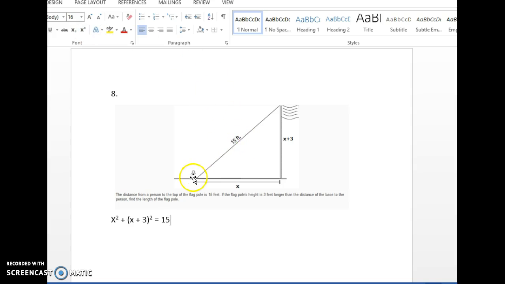The hypotenuse is this diagonal length, 15. And don't forget to square it.